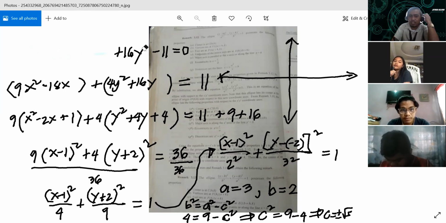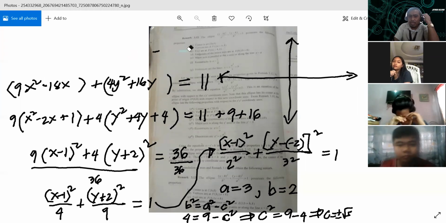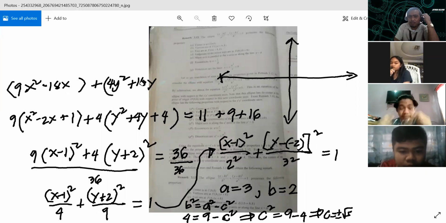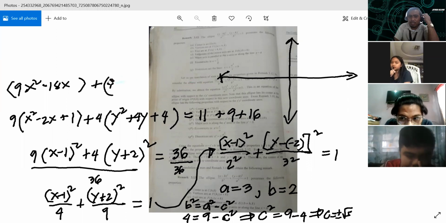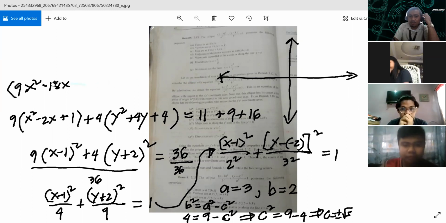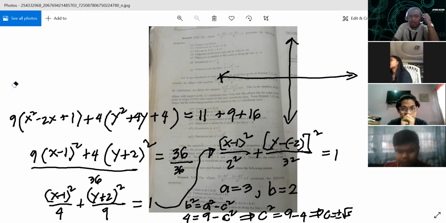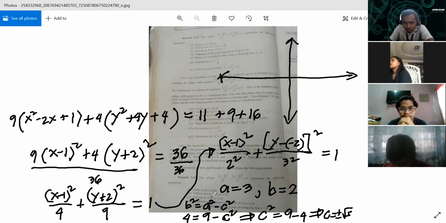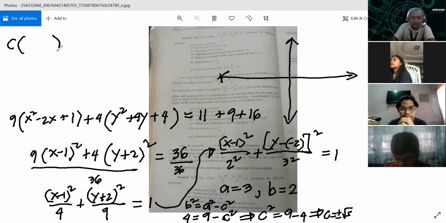My question is, which theorem will we use, the one above or the one below? Below, sir. Okay, below, because your major axis is parallel to your y-axis. So it means you will be using the theorems here. So your center is at H, K.